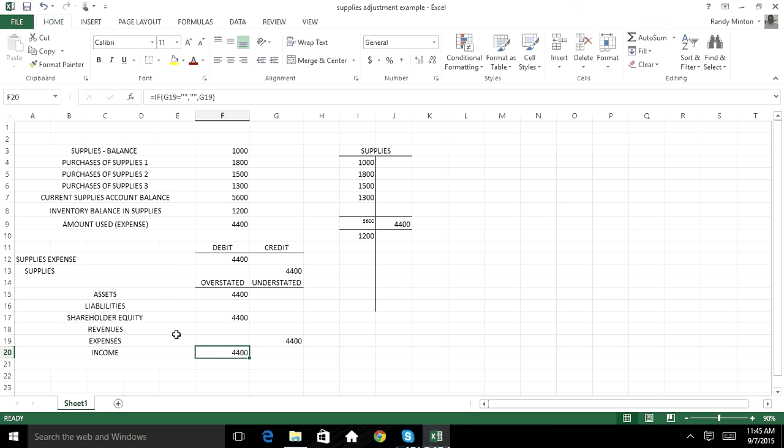In this case, we're only looking at what the income statement effect is. There was none on revenues. On the expense side, we understated expenses by $4,400, and since they work in opposite directions, that means that if we didn't make the entry, we would overstate income by $4,400.